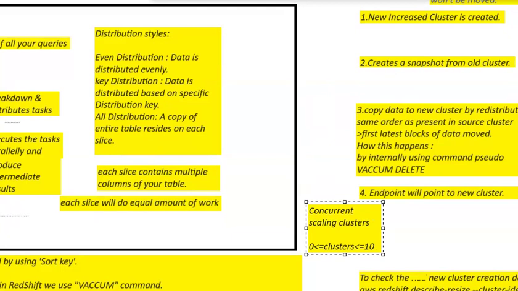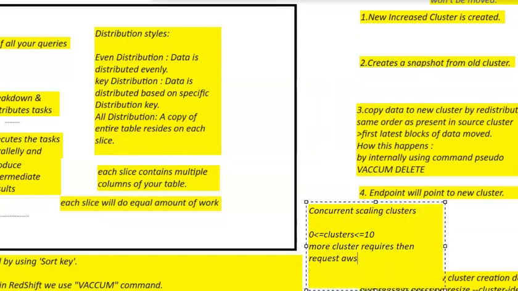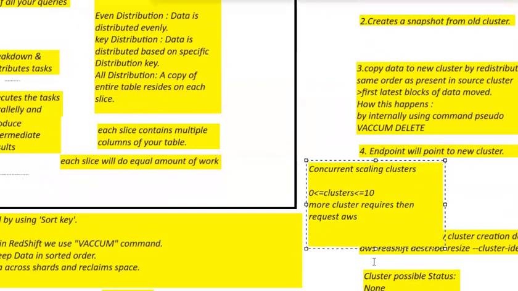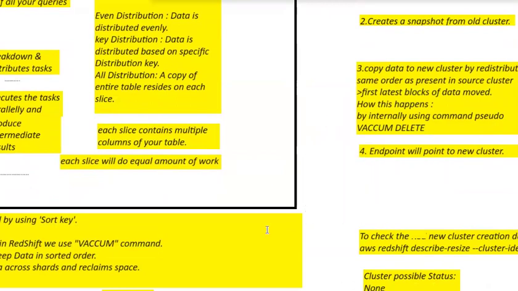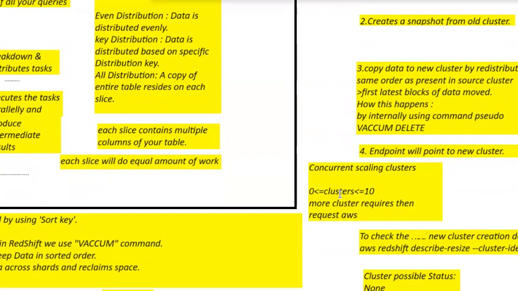If you want to create more concurrency scaling clusters, you need to request AWS. AWS will then increase the number of concurrency clusters that you are able to create.